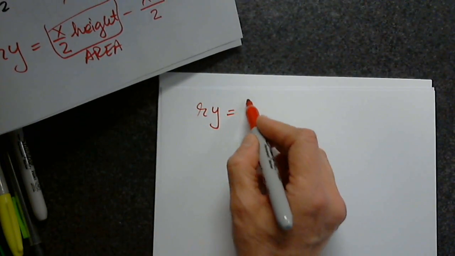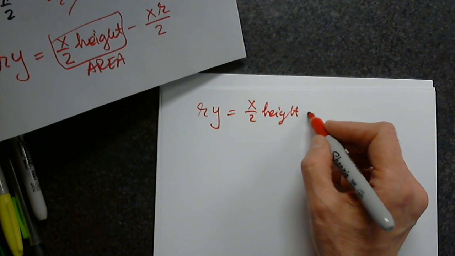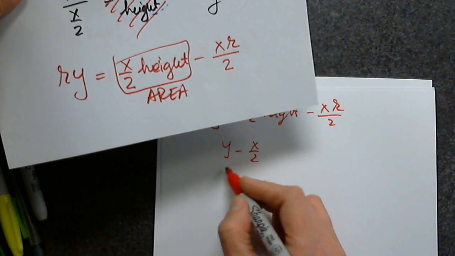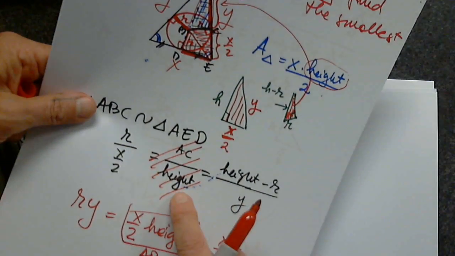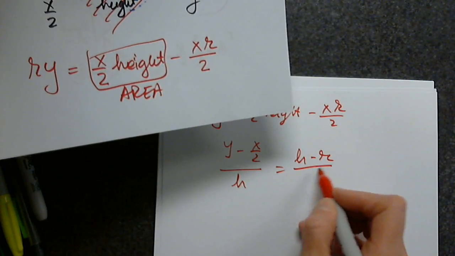So we had the first relationship, which was ry equals x over 2 times height, which is the area, minus xr over 2. And this one now, I have AC, which is y minus x over 2, over the height, equals the height minus r divided by y.